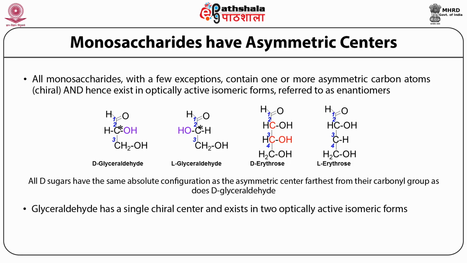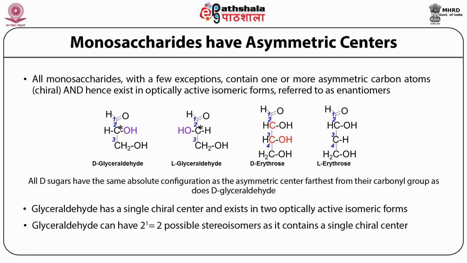Since glyceraldehyde has 1 asymmetric carbon atom, if you apply this formula to glyceraldehyde, the number of possible stereoisomers is 2 raised to the power 1, which means 2 possible stereoisomers, as we see in this figure here.